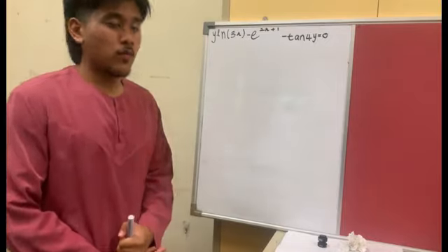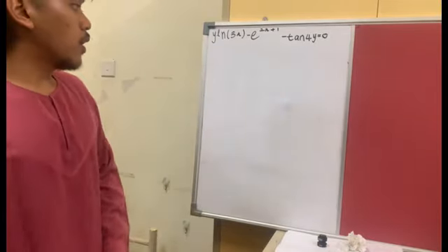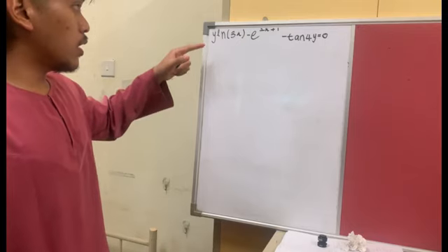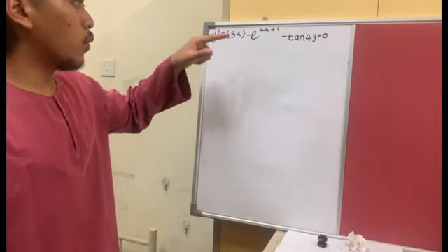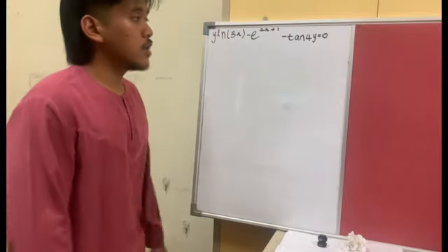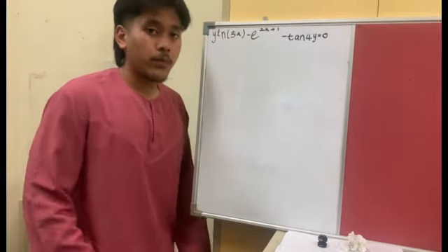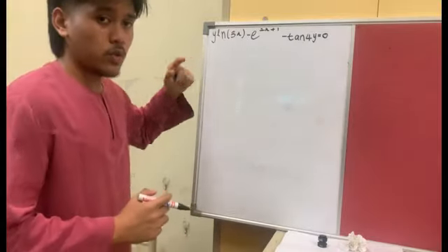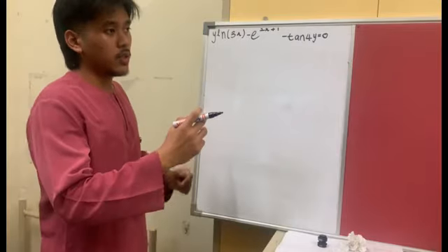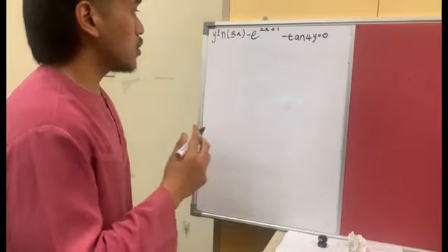Alright everybody, for question 3, we were presented with y ln 3x minus e to the power of 2x plus 1 minus tan 4y. This question requires us to differentiate all of them. So we're going to differentiate them one by one.